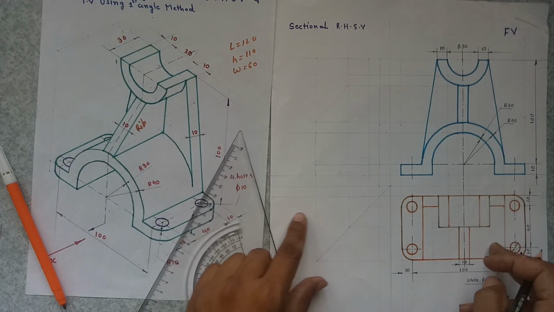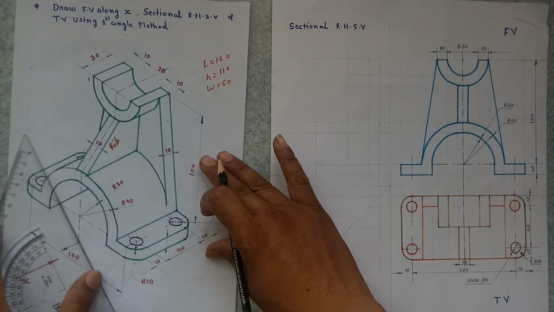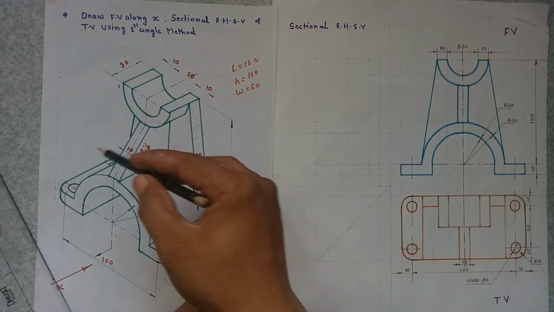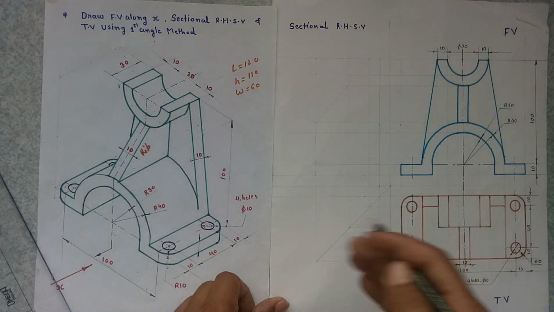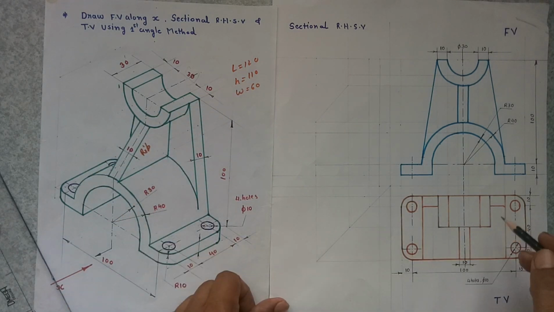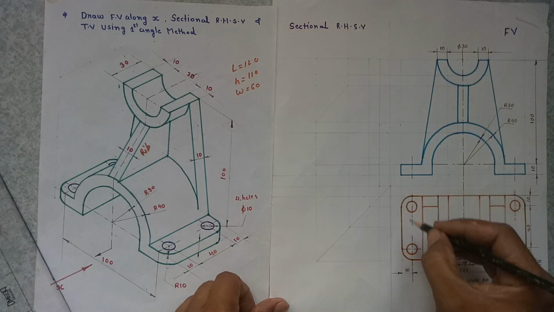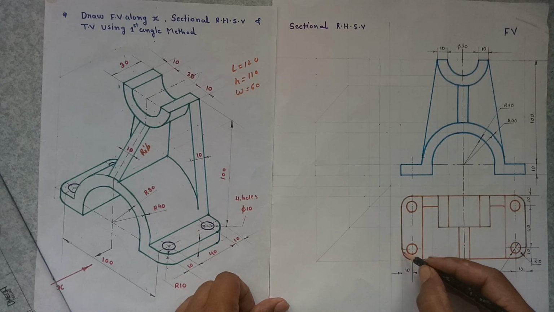Now top view. First of all, the outline of the base part will be like this, and in each and every corner of this rectangular box, we have to draw an arc having radius 10 mm.